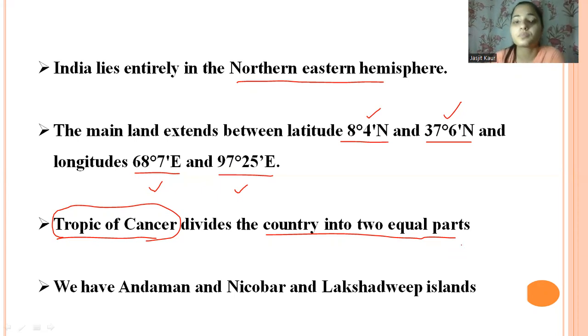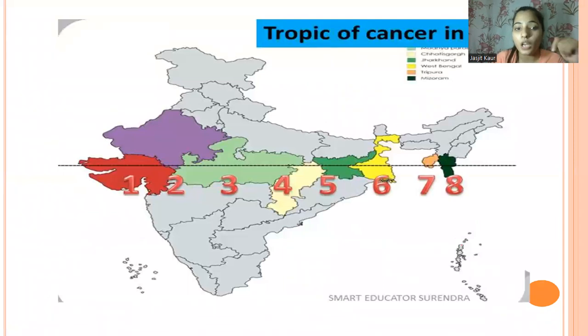Okay, students. As we discussed, the Tropic of Cancer divides the country into two equal parts. Now here is a map of India. This is the Tropic of Cancer. So the degree of the Tropic of Cancer is, quickly tell me in the comment section. Yes, you have studied this in your previous classes.